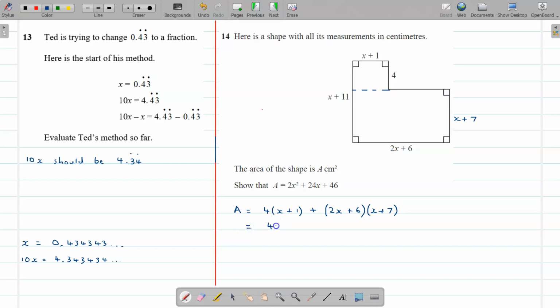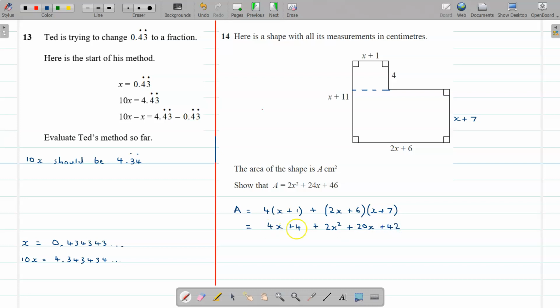So I've got 4x plus 4, plus, now if we use FOIL here, we've got 2x squared, plus 14x plus 6x, which is plus 20x, and we've also got plus 42.